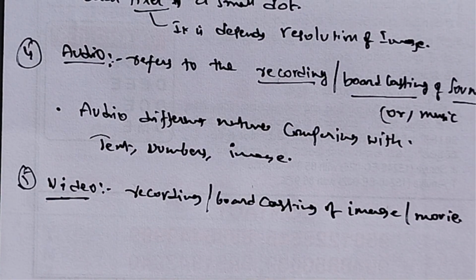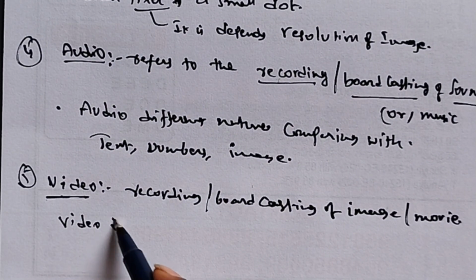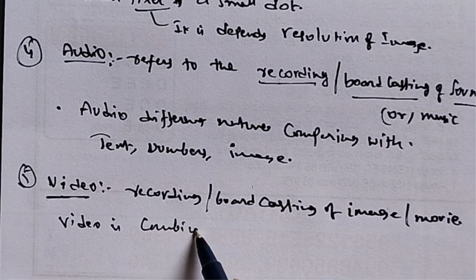Video can either be produced as a continuous entity or it can be a combination of images.